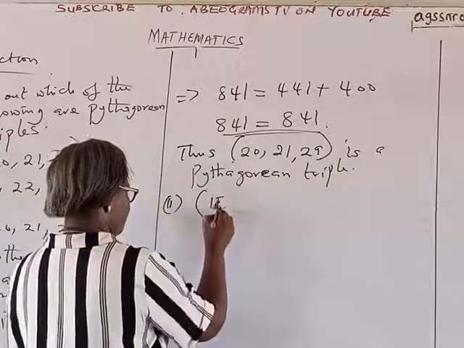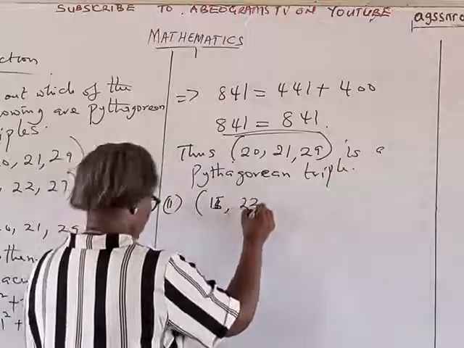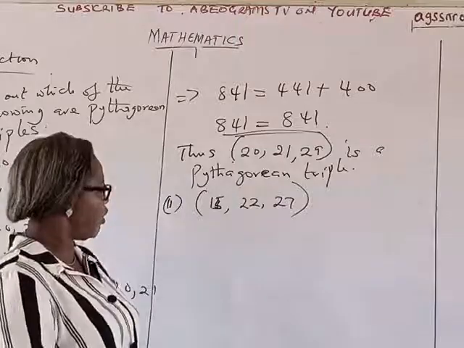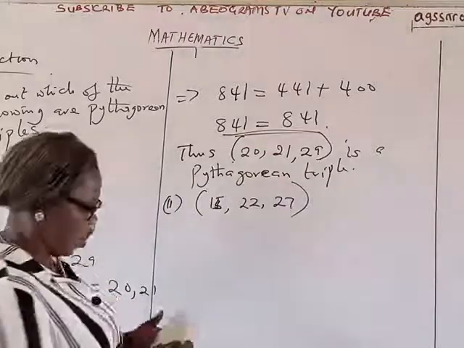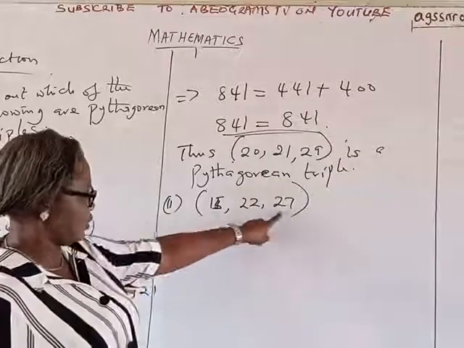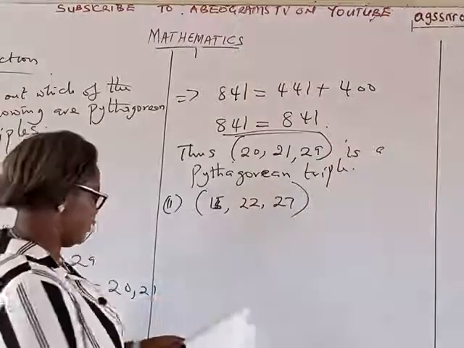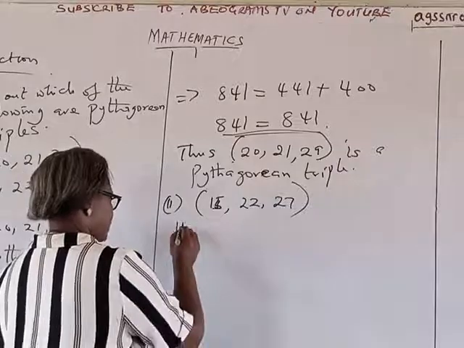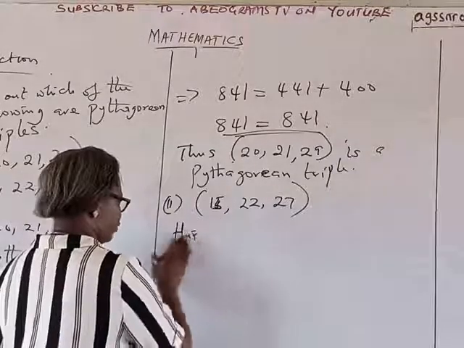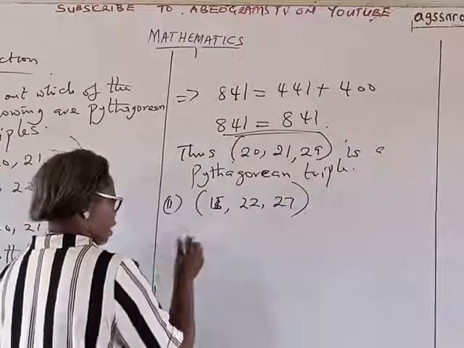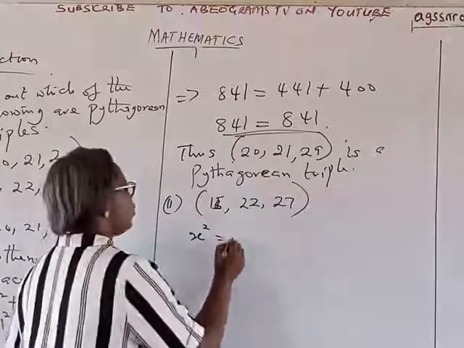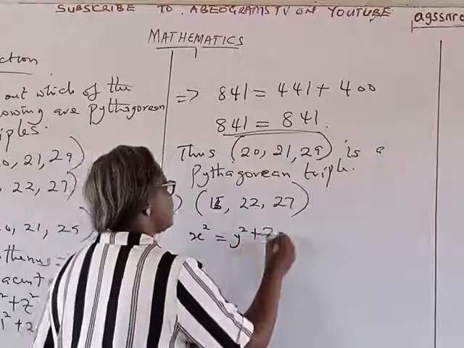We have 15, 22, then 27. From our former workings, we can all agree that the hypotenuse in this case is going to be 27. Let me write the formula first. The formula still remains x squared equals y squared plus z squared.